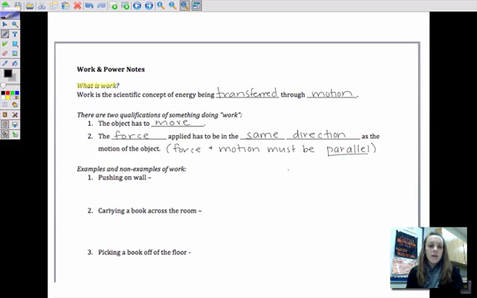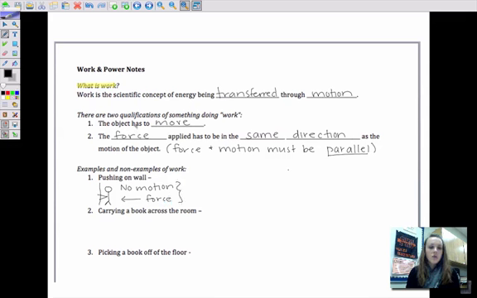Down here we have 3 examples, and we're going to discuss each one of these to see if we're doing work on that object. The first is pushing on a wall. So here's the wall, here's you, and here's you pushing on the wall. Now, no matter how hard you're pushing on the wall, there's going to be no motion, even though you're applying a force on the wall.